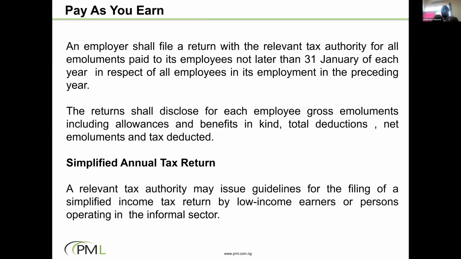But for now, it is expected that when an organization deducts tax on behalf of employees, they remit it, and then by 31st of January of the subsequent year, they will need to file with the relevant tax authority.